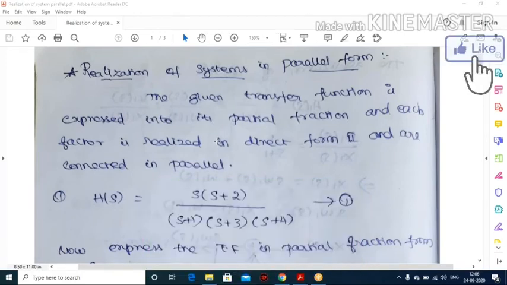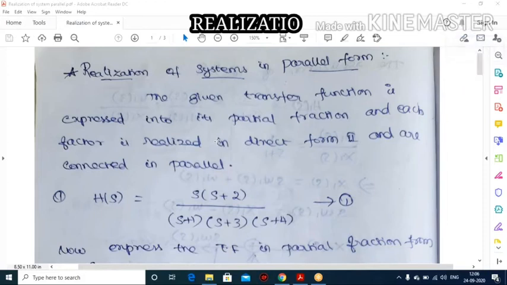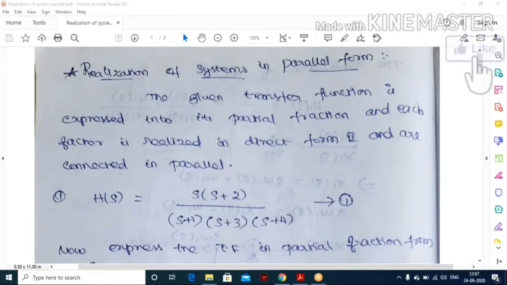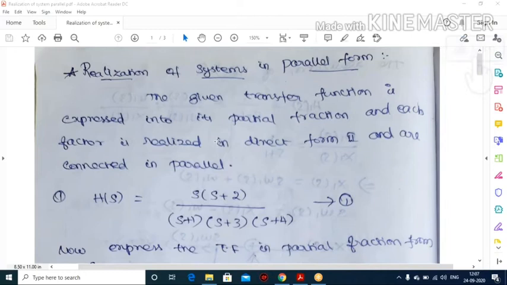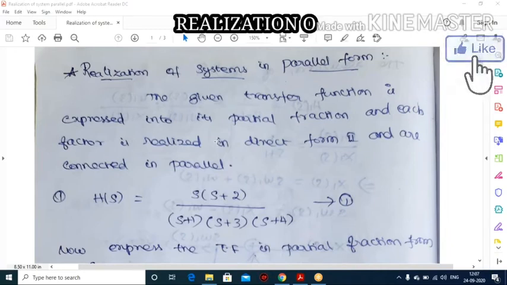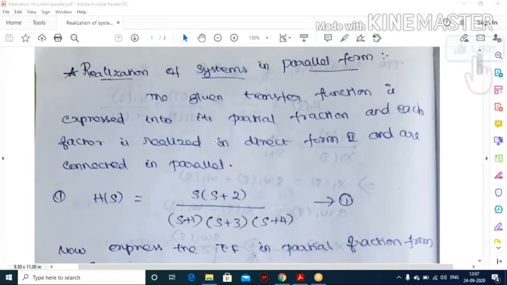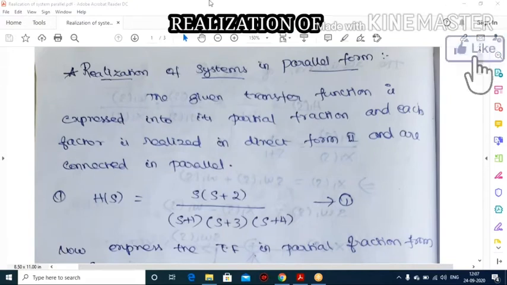The first step is to apply the partial fraction method and find the corresponding factor values, then realize each in direct form 2. Finally, all the sub blocks are connected in parallel. Parallel means common input, and you get a combined output. That is the rule.